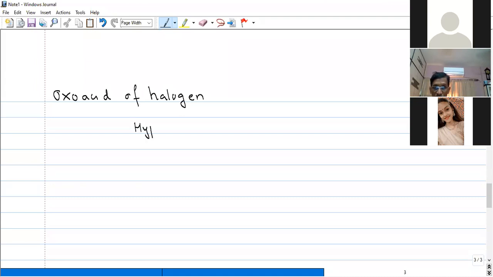One is hypohalous acid. दूसरा है halous acid. Then halic acid. And the fourth is perhalic acid.